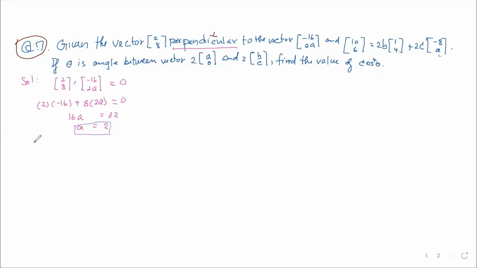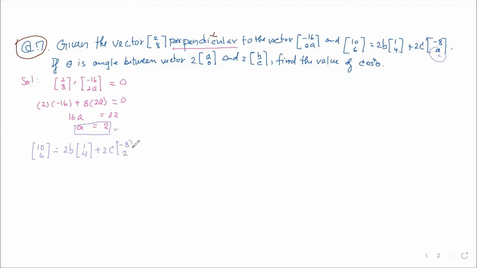From the question, we have the vector 10, 6 equal to b, we don't know yet, and this one is a times 1, 4, plus 2c. C, we don't know. So this is a minus b. And then a we replace here, a we got from here equal to 2.